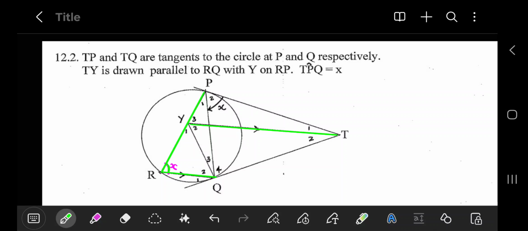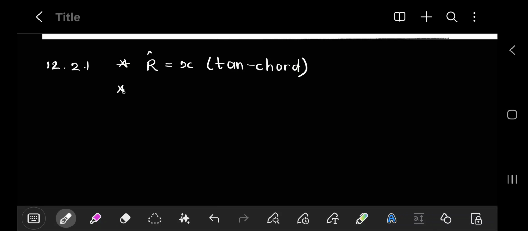So where we have angle R, we also have angle Y3 being the corresponding angle of angle R, which means that if angle R is X, Y3 is also X because corresponding angles are equal. So that is the second angle. Angle Y3 is X, and that is corresponding angles.